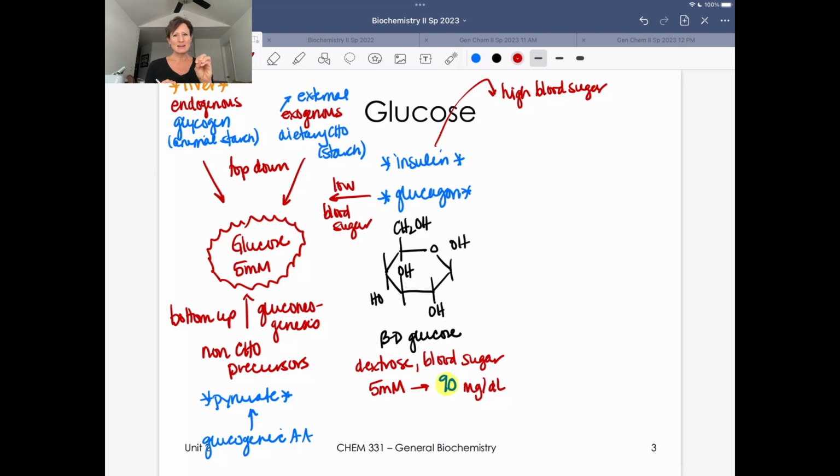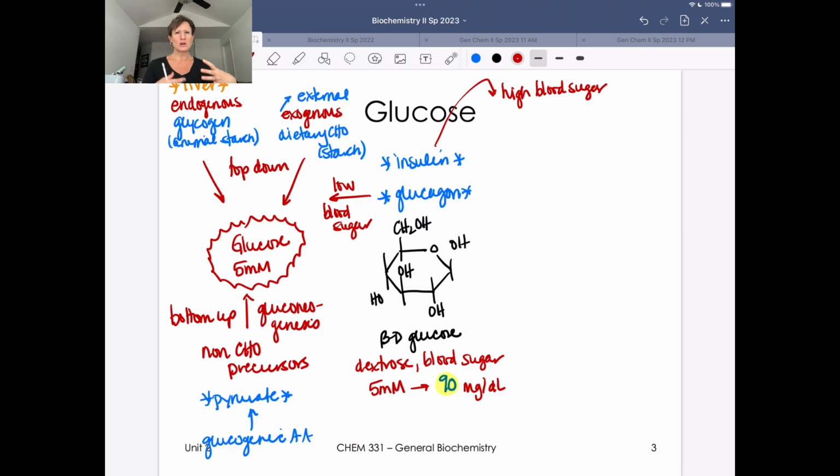So insulin is that important key that allows for GLUT4 receptors to be circulated to the cell surface of particularly your muscle cells, and then bring in that glucose in response to those elevated levels. You also have GLUT2 receptors that are in your liver. Those are always present, so those are also going to be pulling in glucose.